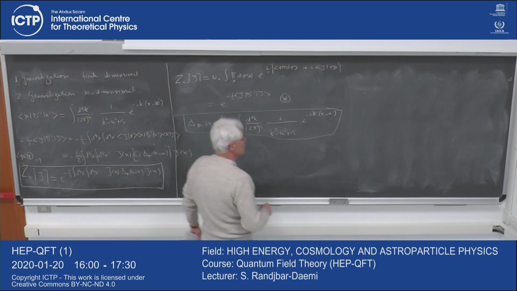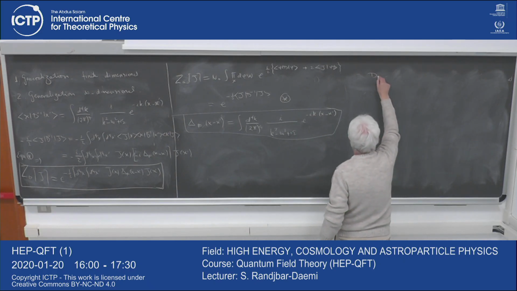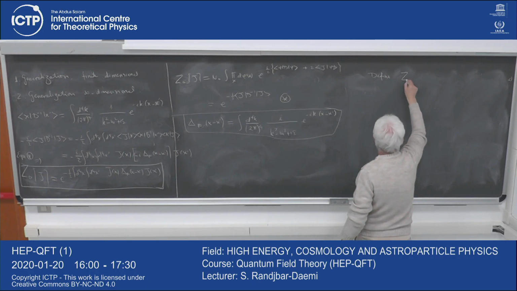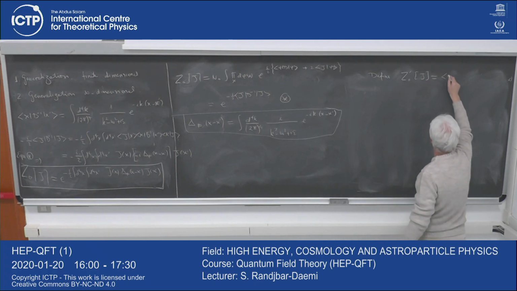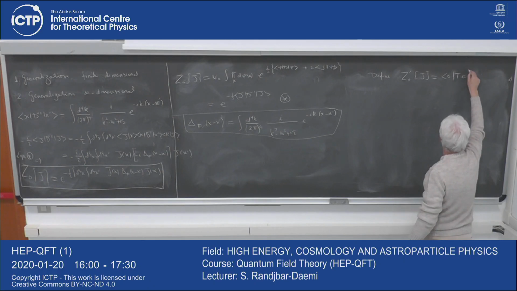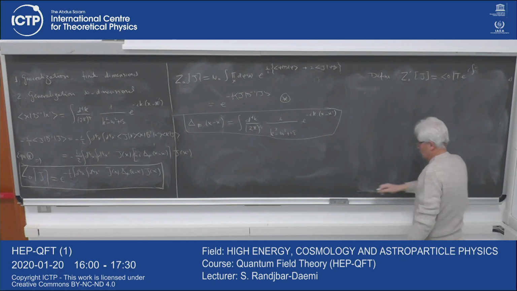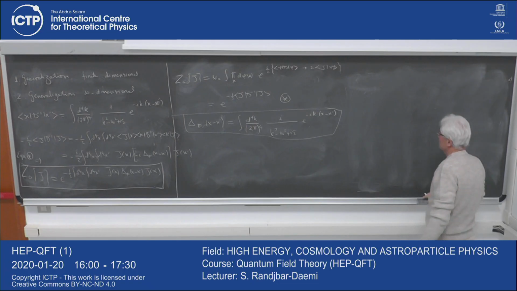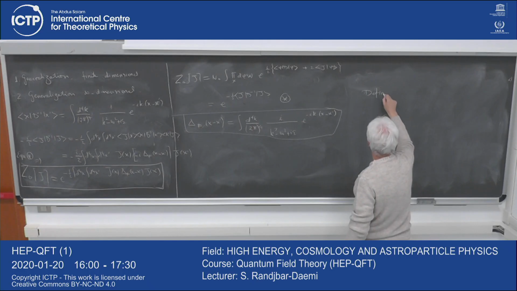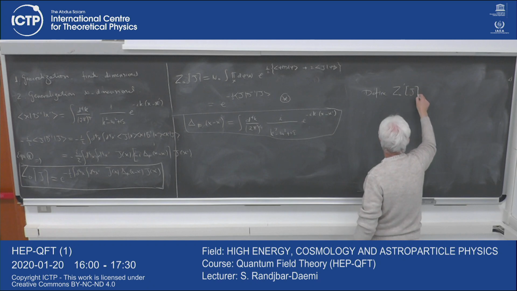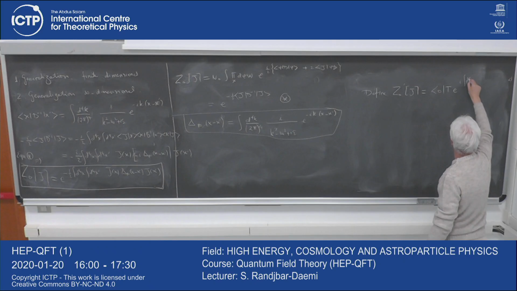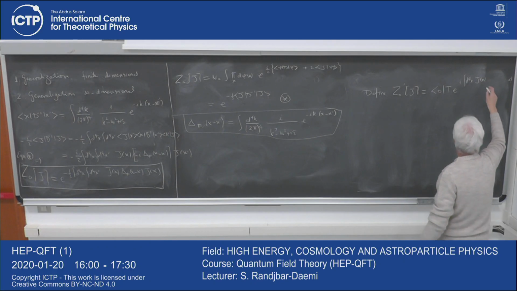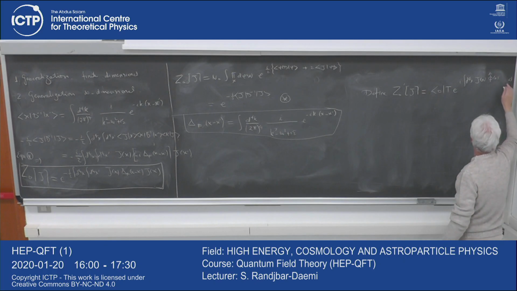To do that, we will introduce a new functional. So define Z prime 0 of J to be the vacuum expectation value of the time ordered product of i times the integral over d4x of J of x phi hat of x, in the vacuum.